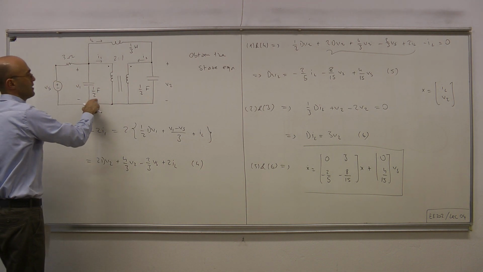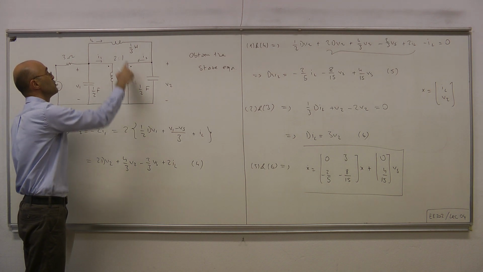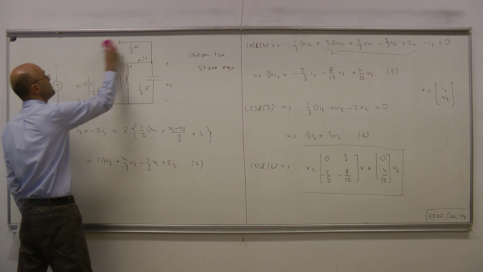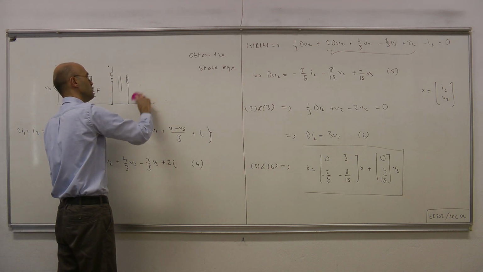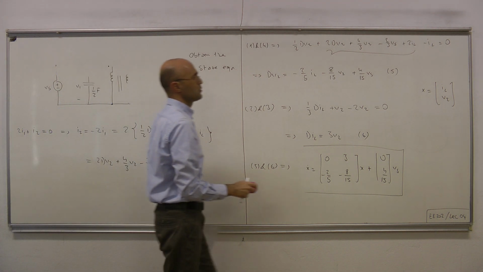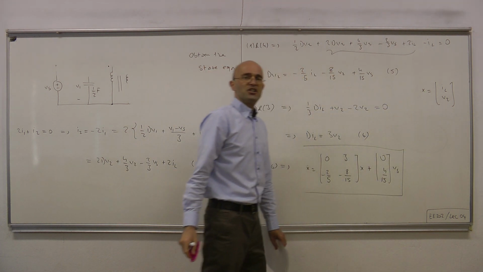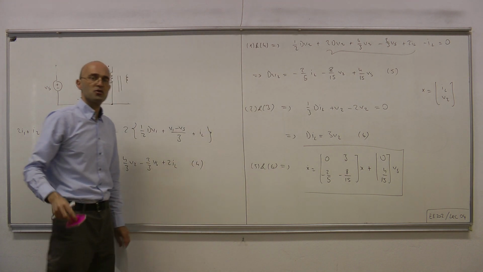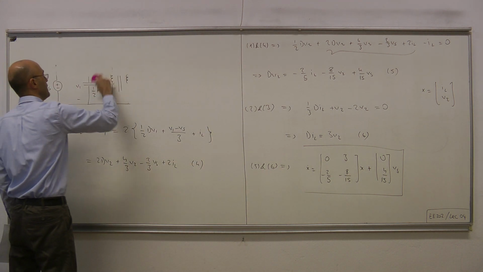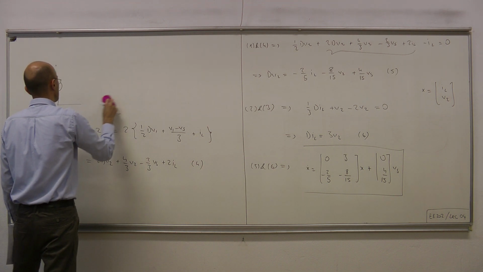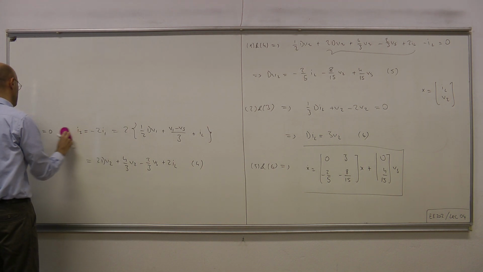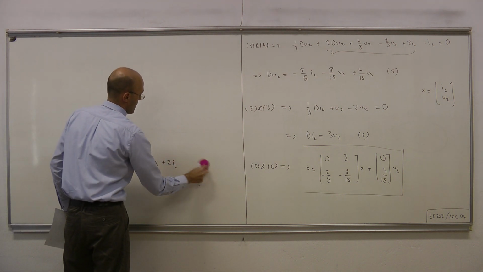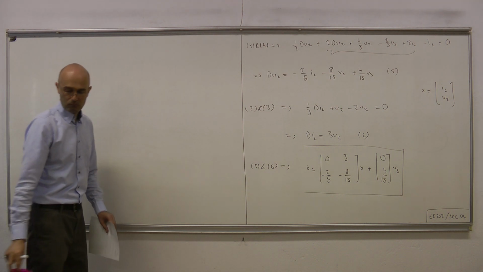So note that even though we had three dynamic components in this circuit, it is of order 2, because with a state vector of size 2, we were able to formulate the circuit. So let's put that remark down and move on.